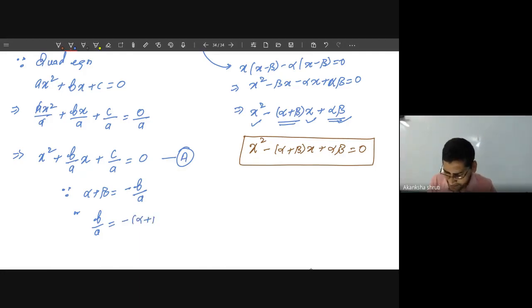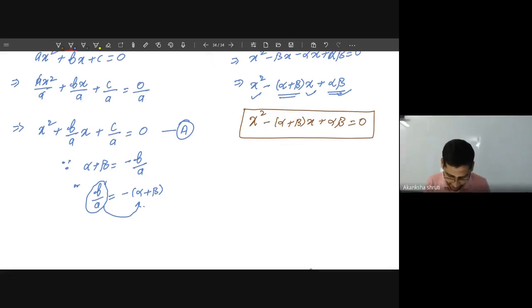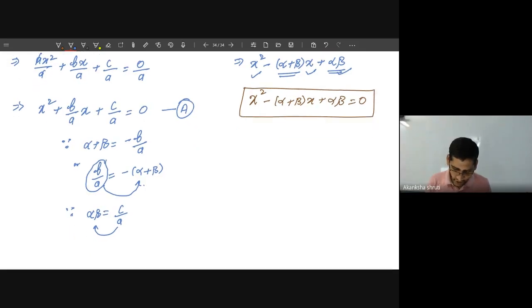So taking minus as common, wherever b by a is, I can replace that by minus of alpha plus beta. Also, alpha beta is equal to c by a. So wherever c by a is there, I can replace it by alpha beta. So go on substituting these two, means go on substituting this here, and this value, where is this? It is here.